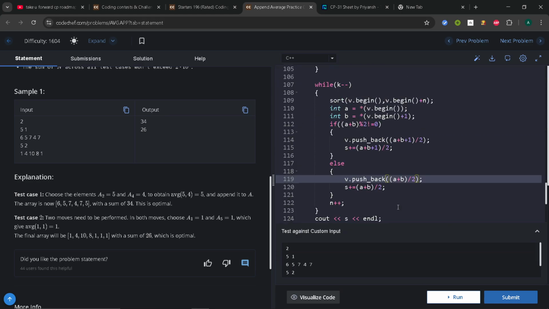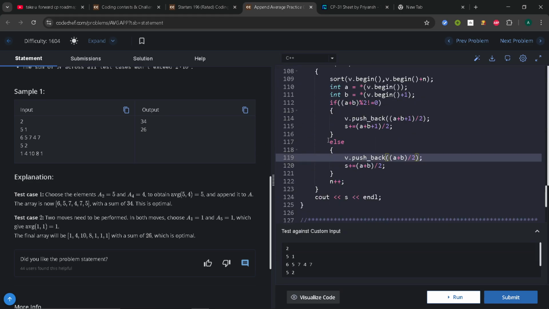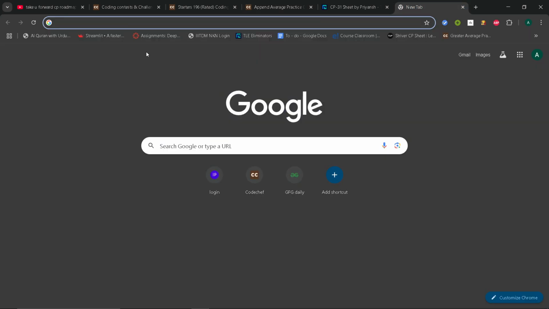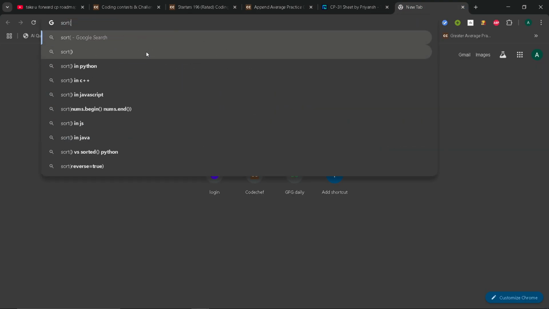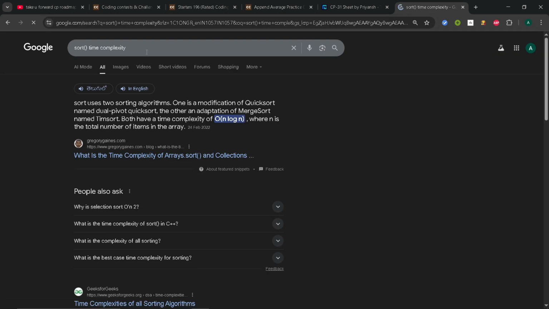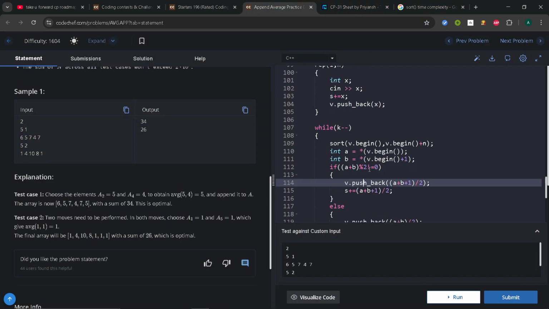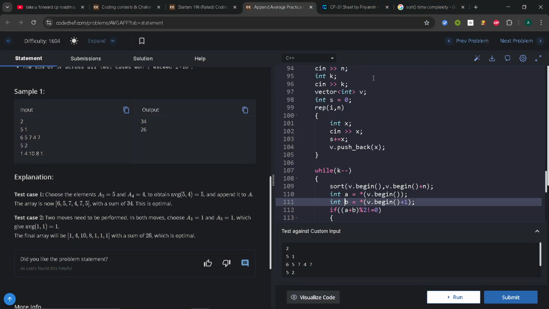TLE. How can you get TLE? Wait. Okay, it's going in n squared log n. Then I have to use a multiset instead.